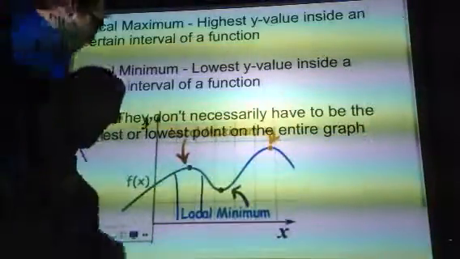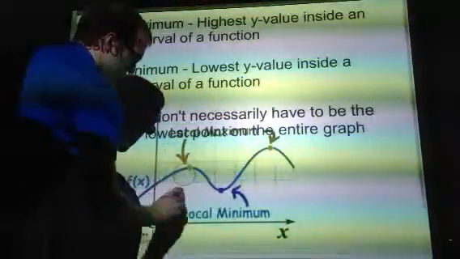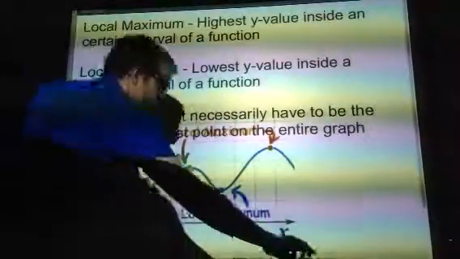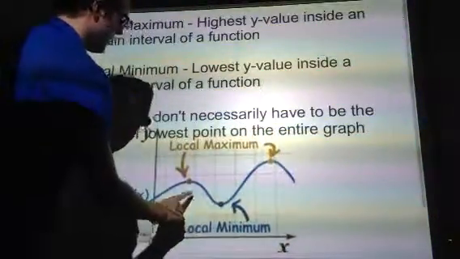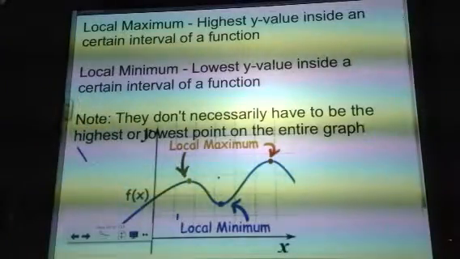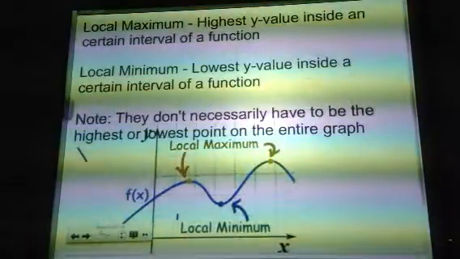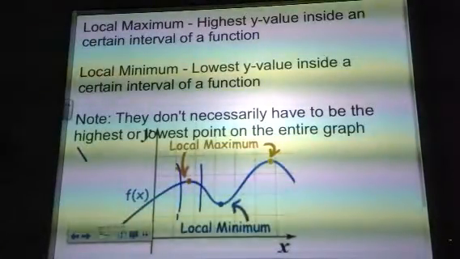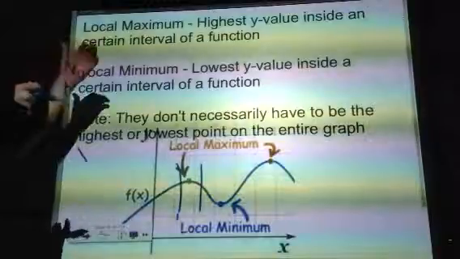We're only looking at a certain area. Okay, so for example, if we're looking at this function down here, this graph, this yellow point on the left here, it's not the highest point on the entire graph, but it is a local maximum because it is the highest value in that area, in a certain interval of the graph.